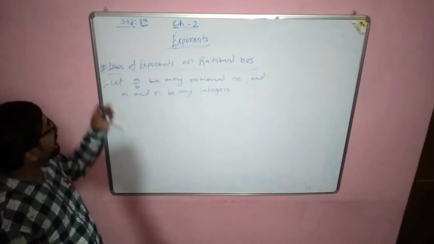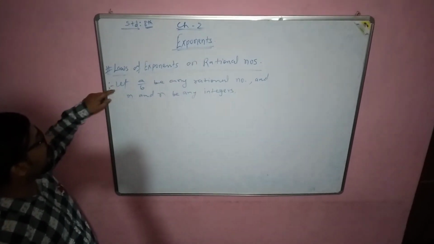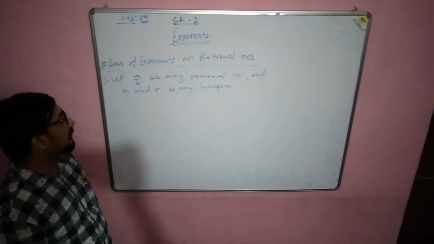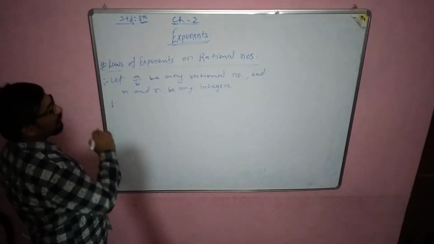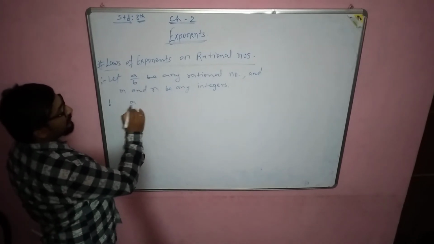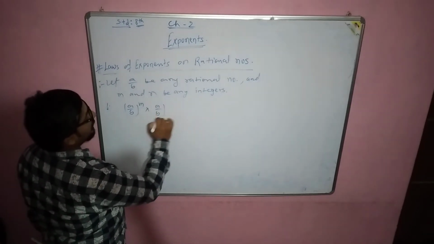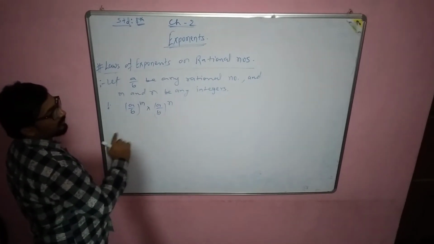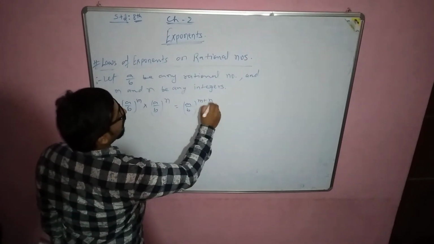Now children, the next topic is laws of exponents on rational numbers. See here, let a by b be any rational number and m and n be any integers. Rule 1: (a by b) raised to the power m into (a by b) raised to the power n. Here again the bases are the same, so the powers will be added, m plus n.